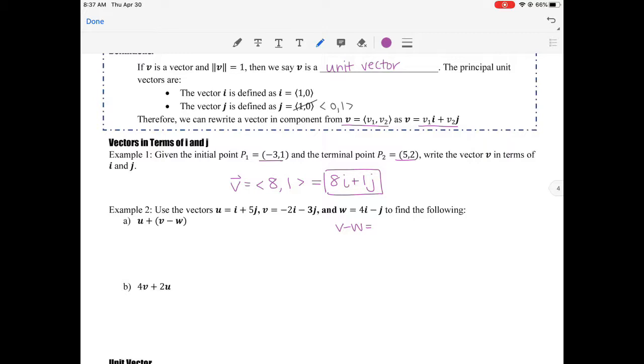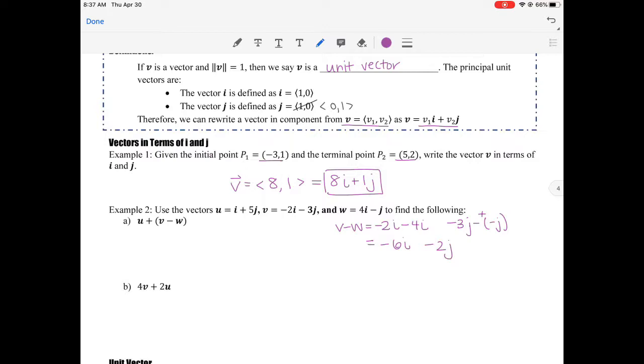So to do v minus w, you can think about doing negative 2i, and we're subtracting the 4i, right? So that gives us negative 6i for the first component. And then for the other part, that's negative 3j, and we're subtracting a negative j. So that's really going to be like adding it, right? So we'll get a negative 2j.